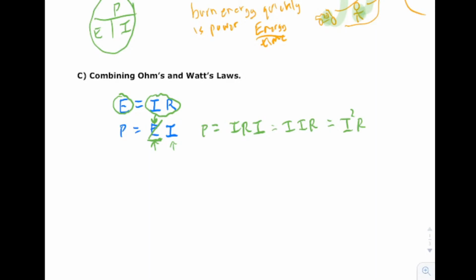I squared R. So let me just write it that way. Power is equal to I squared times R. That's another big, giant formula.